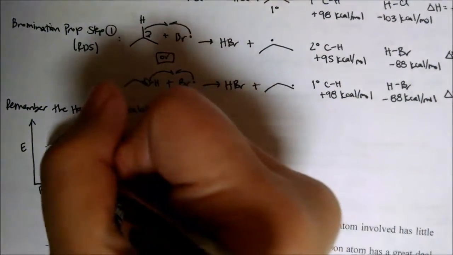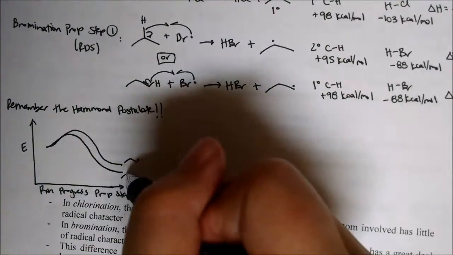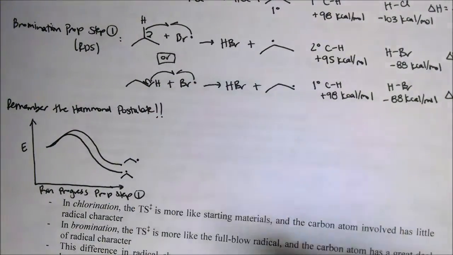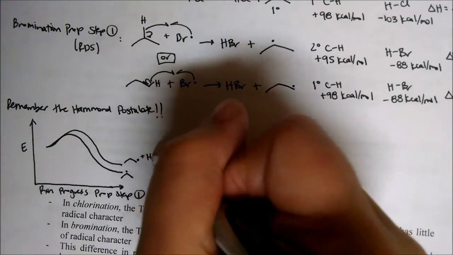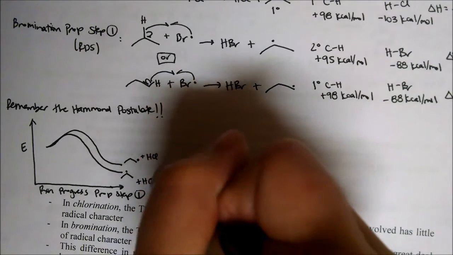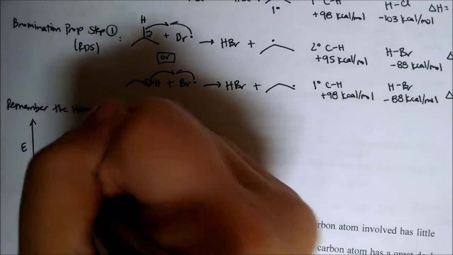And then our other possibility here is going to be a little bit more stable. So now we have our more stable secondary radical. Both of them make HCl, and over here we should have propane plus Cl dot.